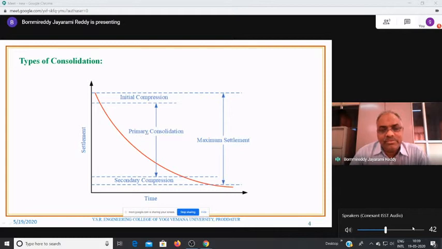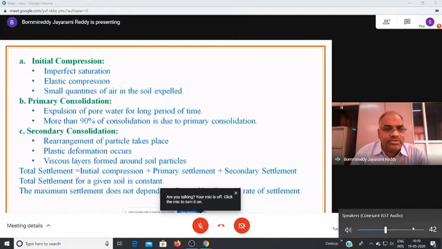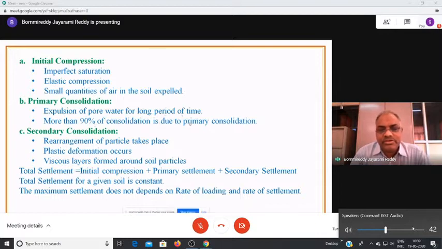More than 90% of the total compression is by means of the primary consolidation only. In this process, expulsion of pore water for a long period of time will take place.